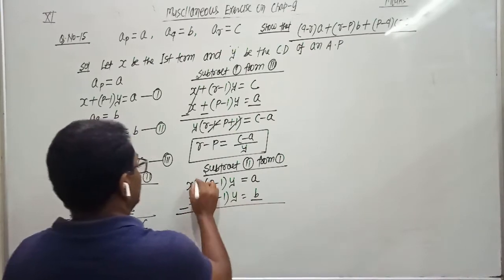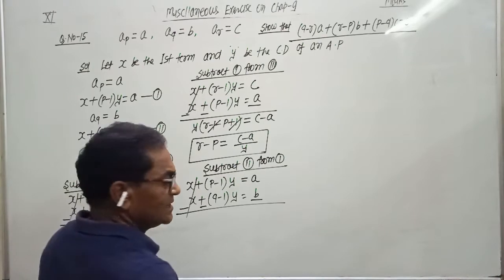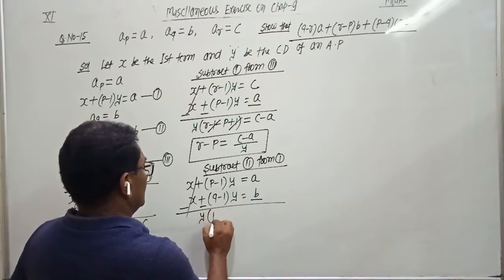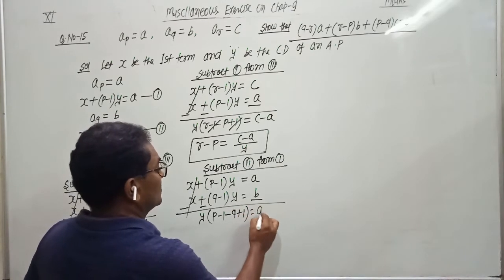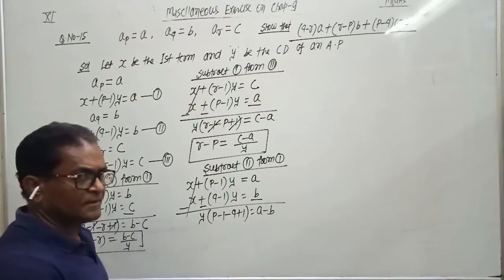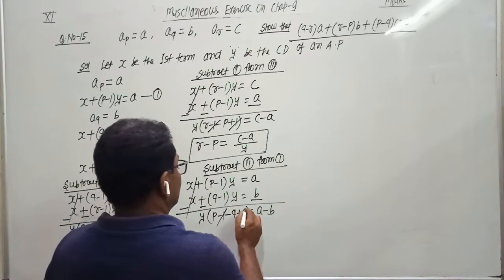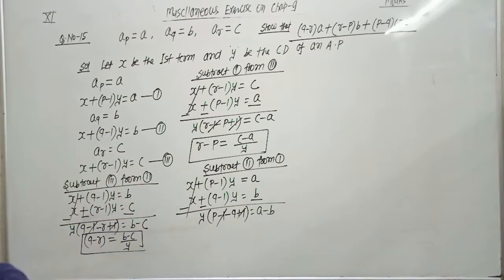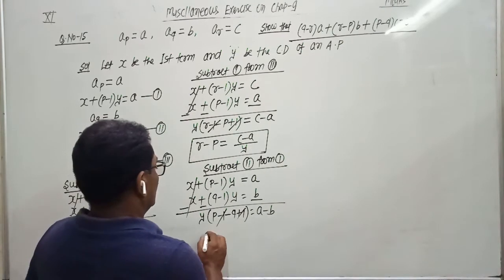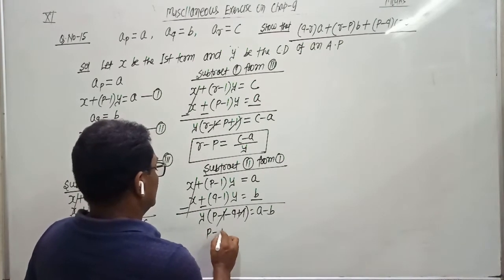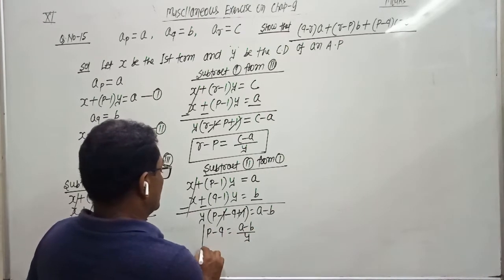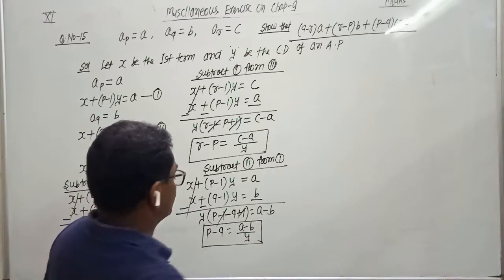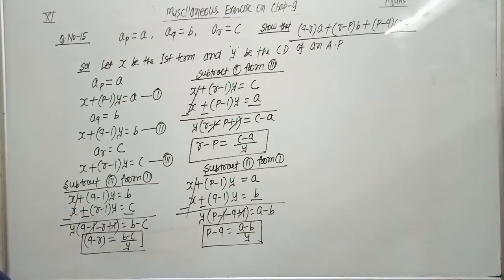Change the sign, x cancelled, y taken common. So p minus 1 minus q plus 1 equals a minus b. Minus 1 plus 1 cancelled, and we get the value of p minus q equals (a minus b) upon y. This is the value of p minus q.